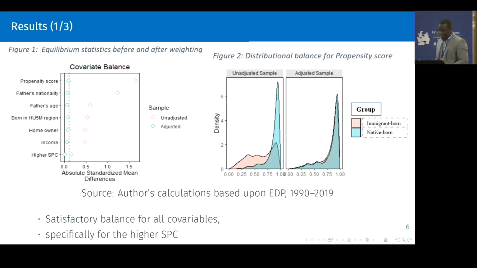Now I will present some results. The two graphs show the balance before and after weighting. And in this graph, we can note that there is satisfactory balance for all covariates, specifically for the highest socio-professional categories.